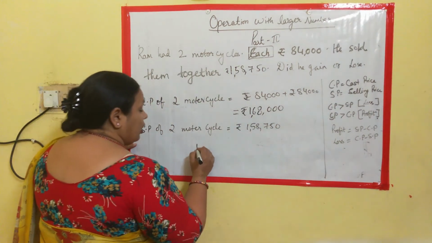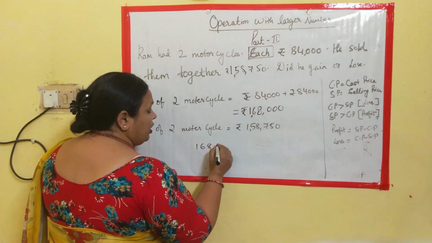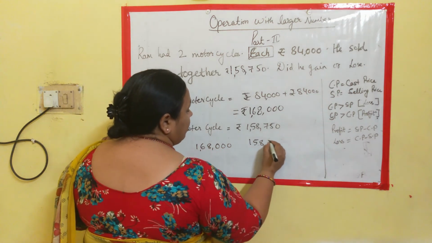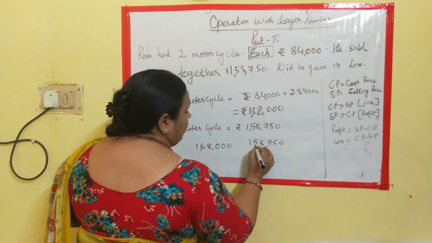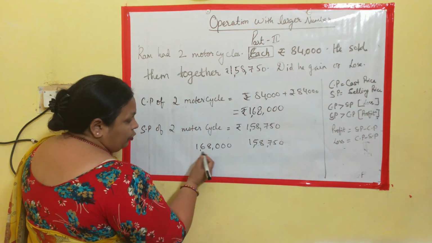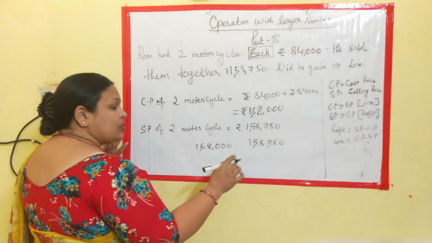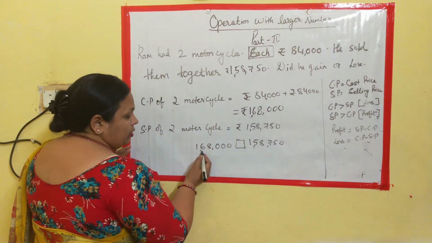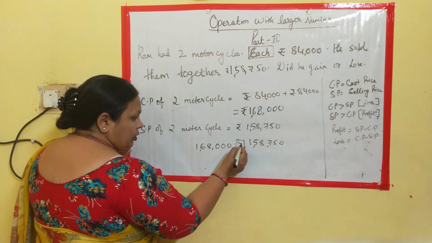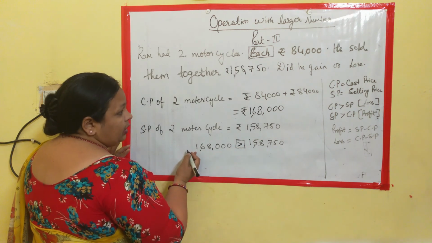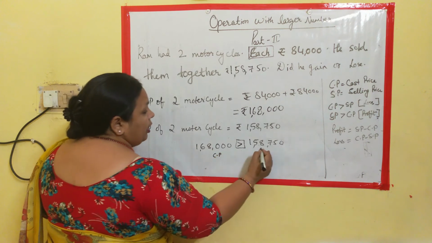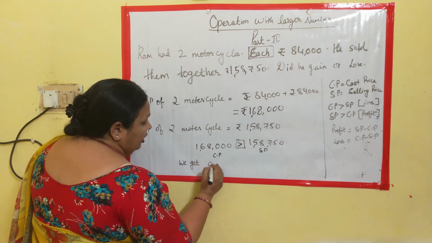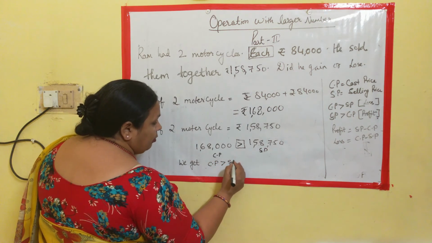For finding out did he gain or lose, we need to write the numbers and compare them. Clear? Now 3, 2, 1, 3, 2, 1. So first step over. When we talk of the second step, this is 1, this is 1, this is 6 and this is 5. So this number is greater and this is nothing but your cost price and this is your selling price. So we get that cost price is greater than selling price.